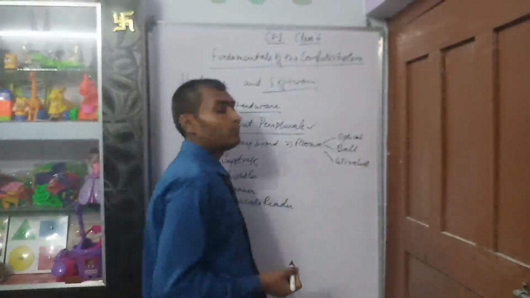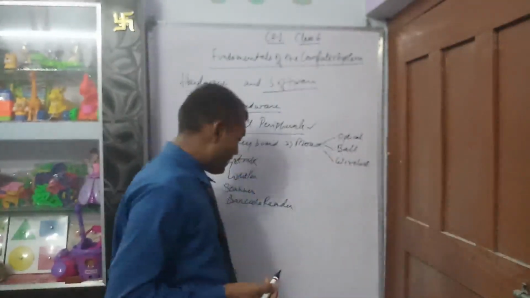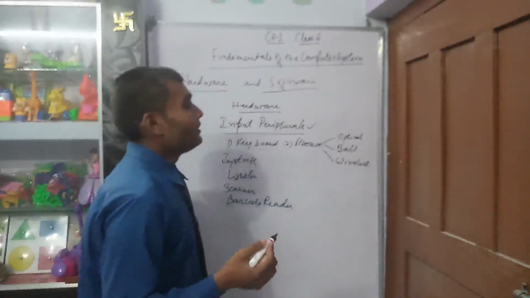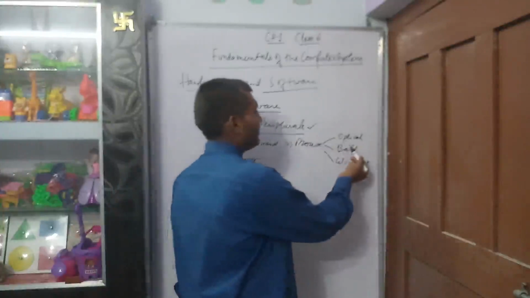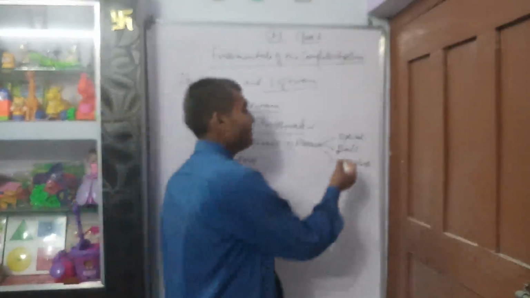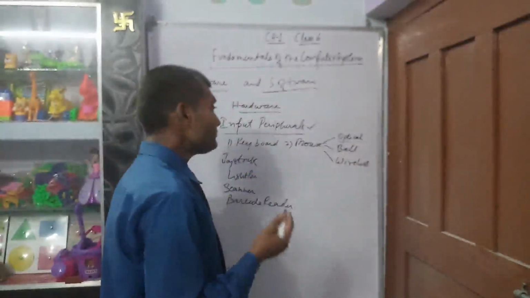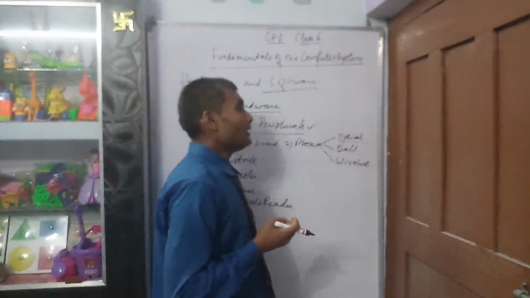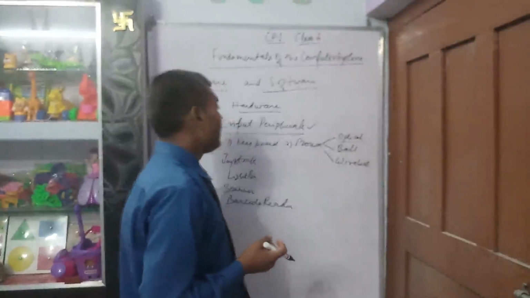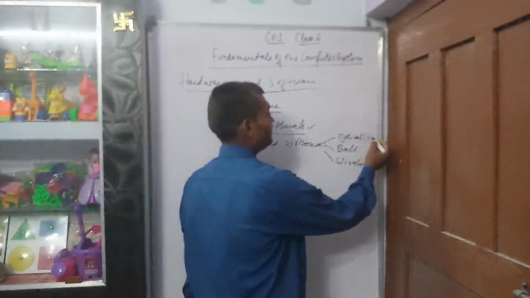Mouse. The next input peripheral is the mouse. A mouse is a pointing device. There are three types of mouse: optical, ball, and wireless. The optical mouse uses optical rays and an LED to track the arrow, that is the cursor, on the screen.